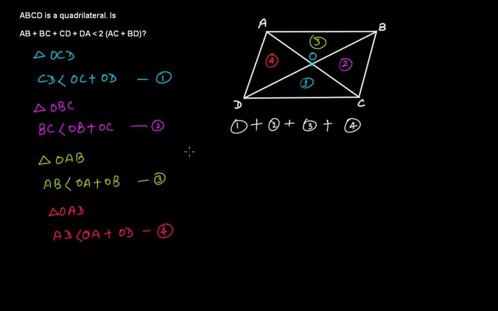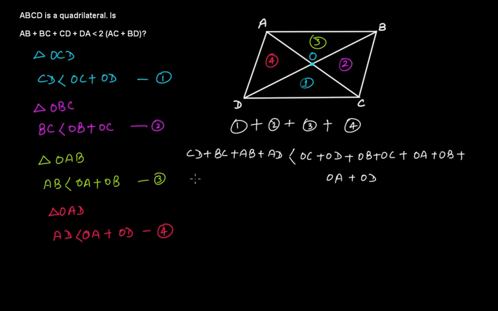So CD plus BC plus AB plus AD, this will be less than, add all these right hand side things, so OC plus OD plus OB plus OC plus OA plus OB plus OA plus OD.